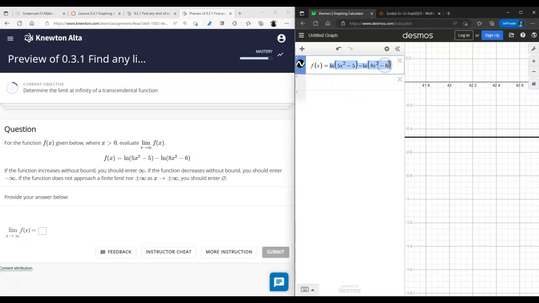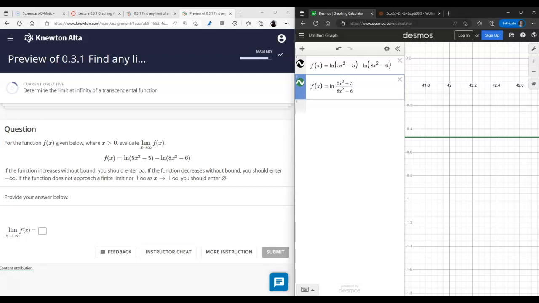And the first thing we want to do here is simplify this and use the property of the log. And instead of a difference of logs, write the log of the quotient. So this is what it's equivalent to.